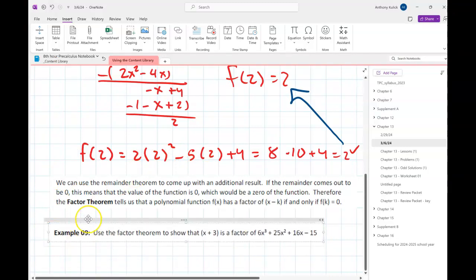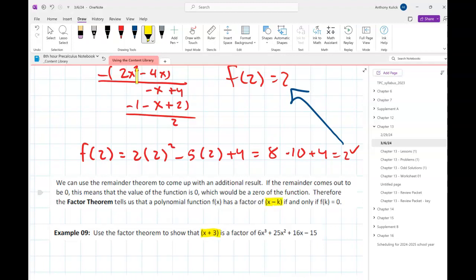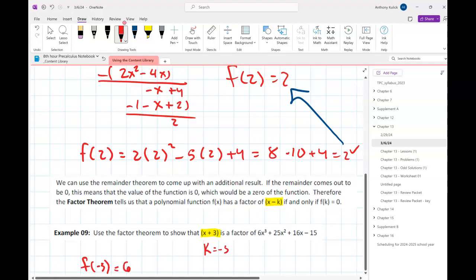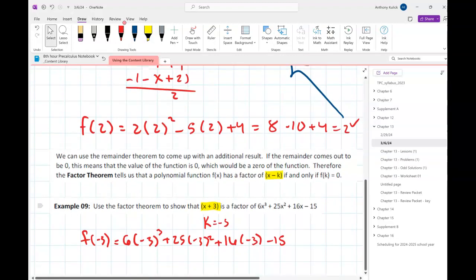So the directions say use the factor theorem to show that x plus 3 is a factor of 6x cubed, and so on. So x plus 3 is my x minus k, right? What is k then? k is negative 3. So f of negative 3 should be 6 times negative 3 cubed plus 25 times negative 3 squared plus 16 times negative 3 minus 15.